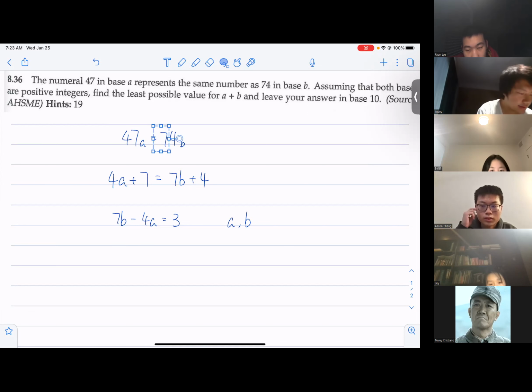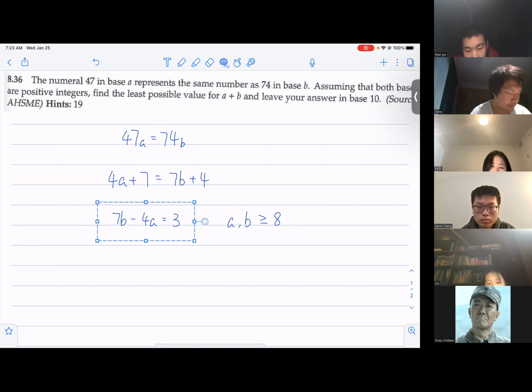Okay, Ricardo, that makes sense? You have a 7 here, right? So for A and B, they both have to be at least 8. Otherwise, you wouldn't have a 7, right? So we start from 8 and then think about this and maybe try to find a pair of numbers that would work.